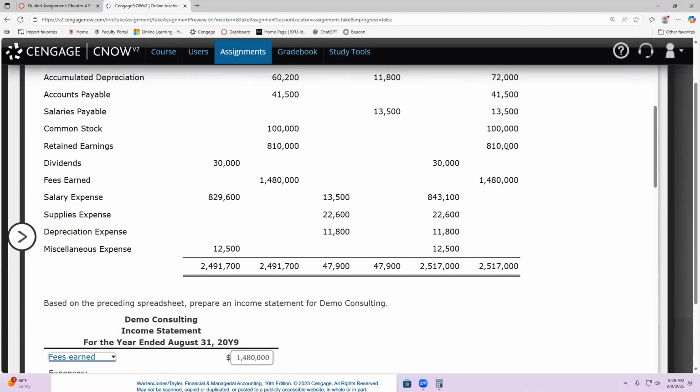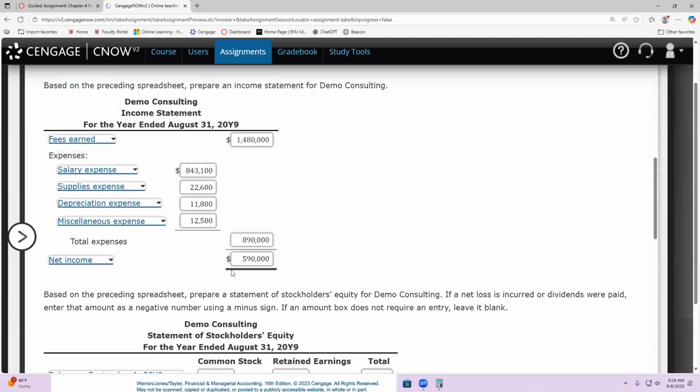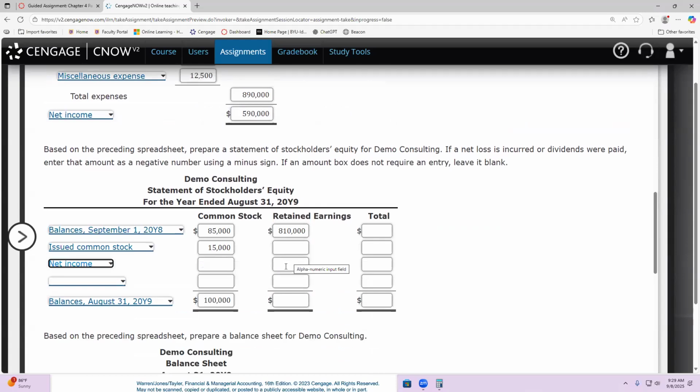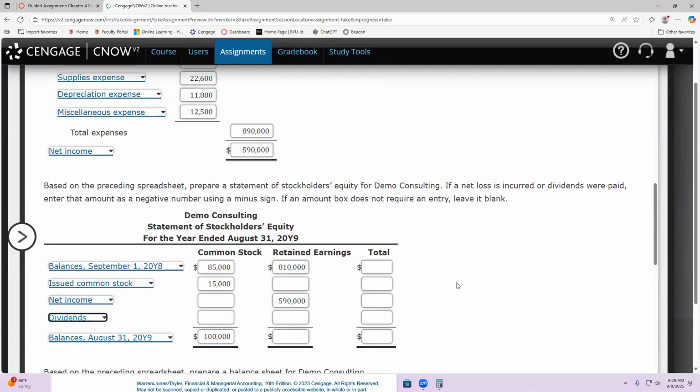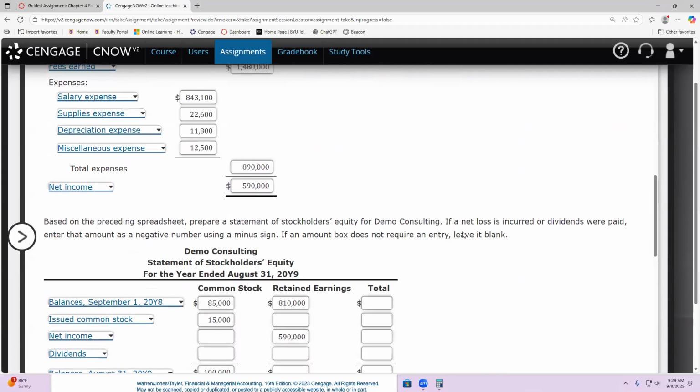All right, then our retained earnings was 810,000. So we're going to have a starting balance up here of 810,000. We know that there was net income. We can go back up to our income statement and see our net income of 590,000. So that's going to add. And then the last thing is the dividends. We can come up here and see that they paid out $30,000 in dividends during the year.